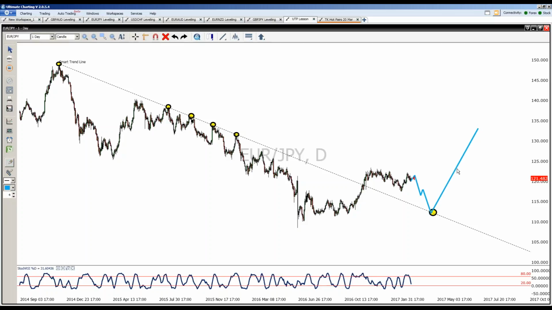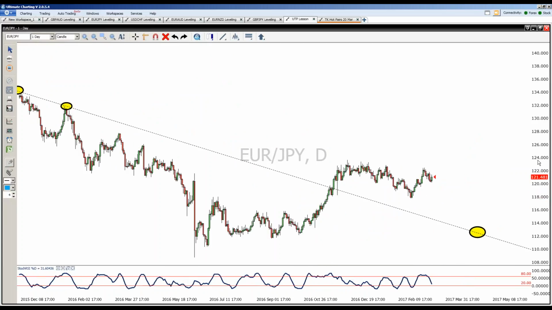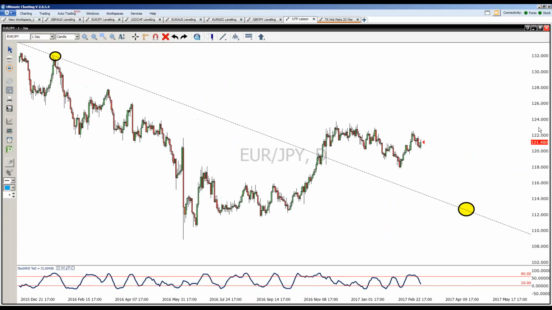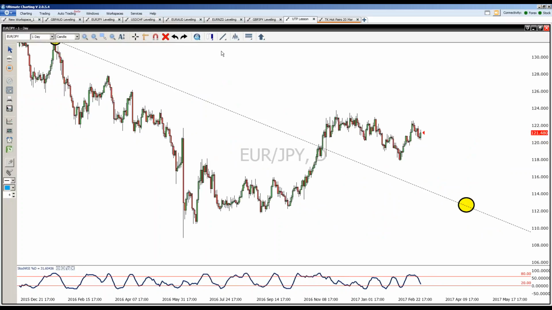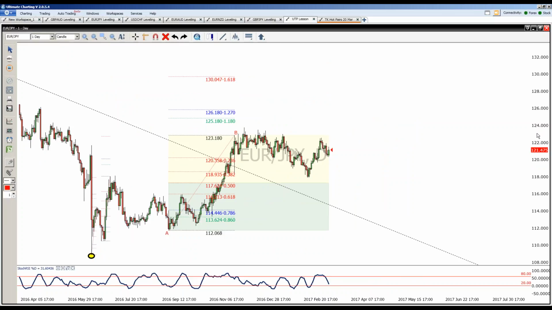Alright, so before we get there, let me just take out these lines. Let's have a look at the most recent Fibonacci's. Now I'm going to start my Fibonacci's at this low over here, which is the lowest significant turning point, the lowest low that the market made before it broke the downtrend line to the upside. So I'm going to start my Fibonacci tool at that low, and there we have the most recent up AB boundary.